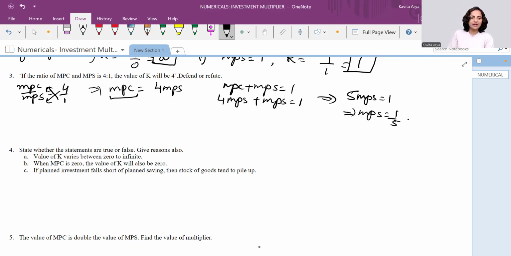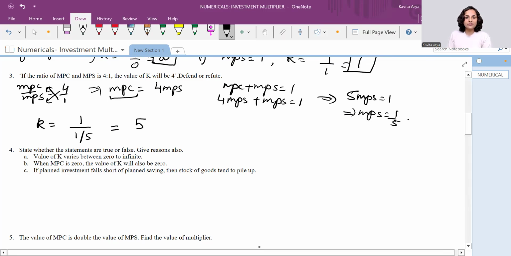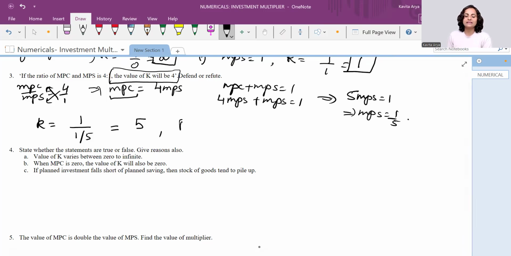So if MPS is 1 by 5, what's going to be the value of K? K is equal to 1 over MPS, which means 1 by 1/5, and that would turn out to be 5. My statement said the value of K will be 4. Is it 4? No, it has come to be 5. Hence it is a false statement and hence it is refuted.